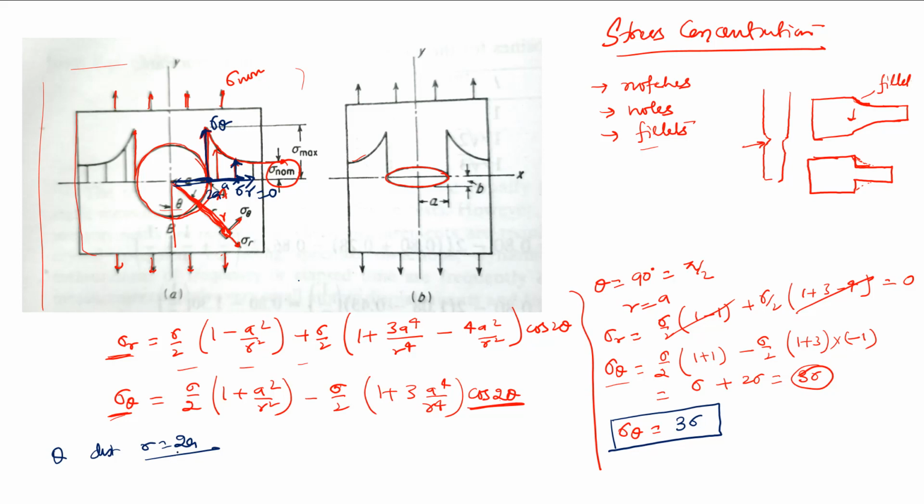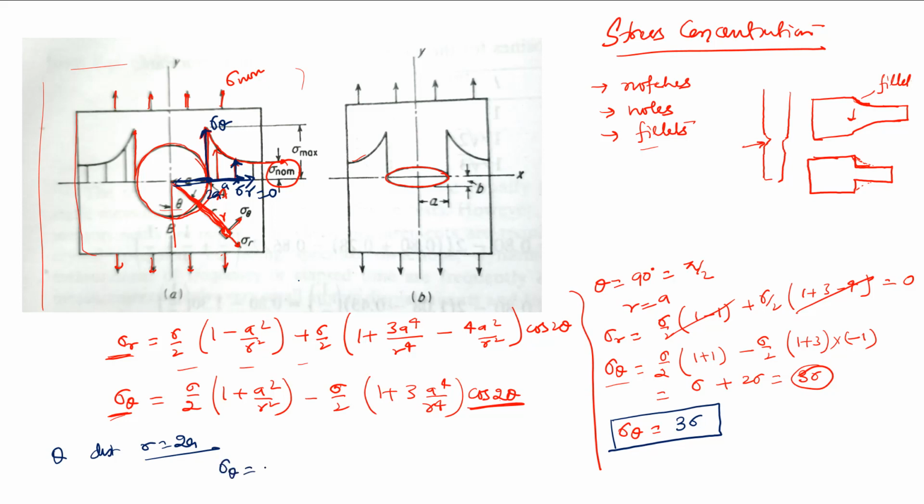Once we put r equal to 2a in this equation, we can find sigma r, and sigma theta also.